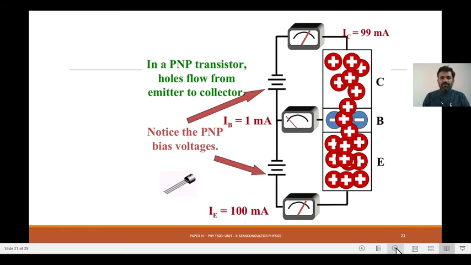What I have studied so far is an NPN transistor. Coming to the PNP: a negative region, or N region, is sandwiched between two P regions. Here a heavily doped P region, a lightly doped N region, and a moderately doped P region constitute the collector, base and emitter.